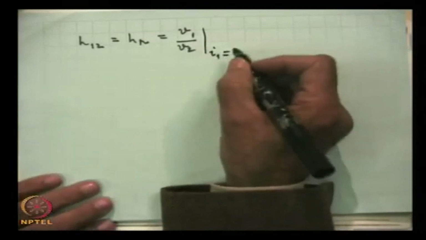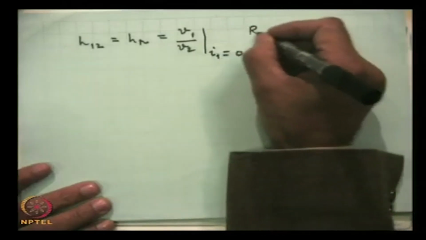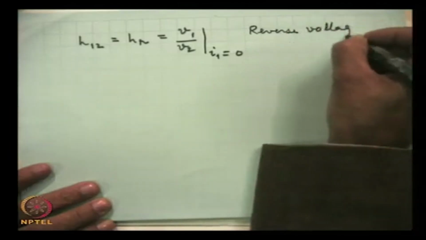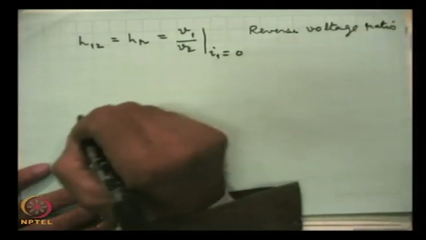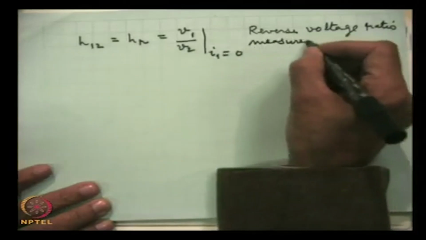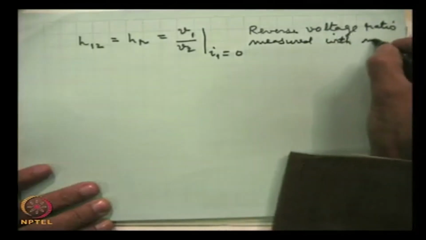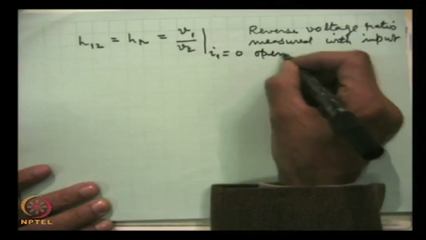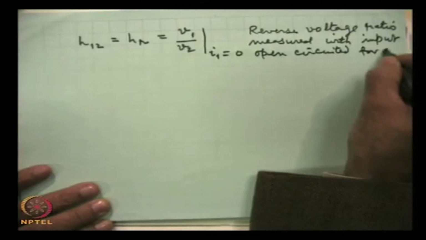I1 is the input current, and so this is the reverse voltage ratio measured with input open circuited for AC.